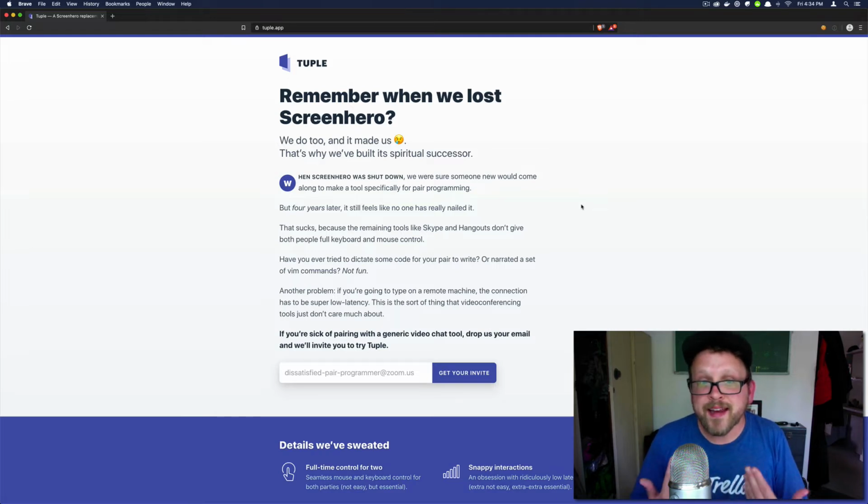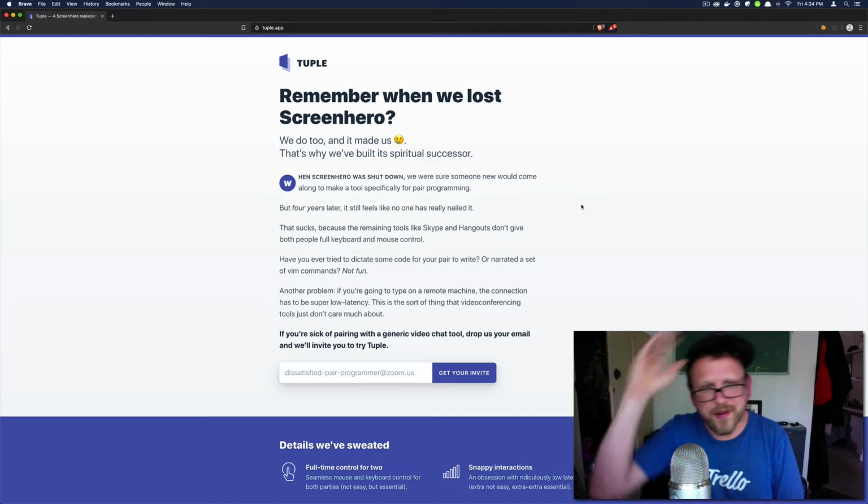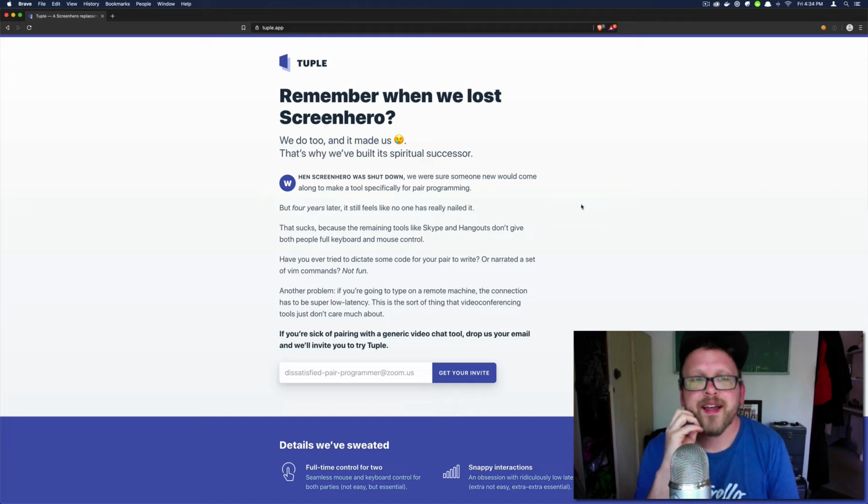Now, Screen Hero is a really interesting way of doing this. Screen Hero is an app that Slack purchased and shut down about 4 years ago. I remember it. But if you don't know what Screen Hero is, you might go, what are they talking about?